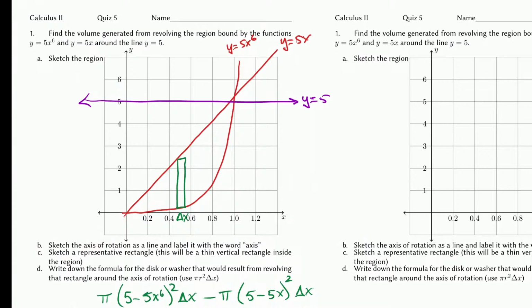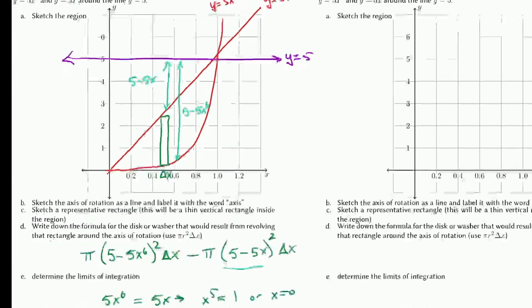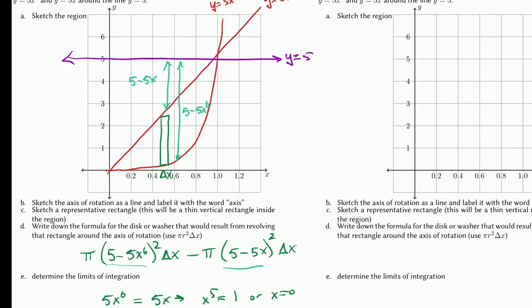I needed to know this distance. That distance is the whole. So that's 5 minus 5x, 5 minus 5x. So that's why this is the way it is. And then the outer rim of this thing is going to be 5 minus 5x to the sixth. So that's why this is the way it is.